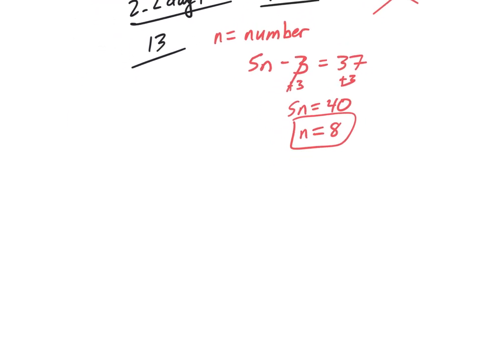Okay, let's try number 15. Read through it. See if you can write out an expression here, and then we'll talk about it. I'm going to give you an opportunity to try to write it out on your own.